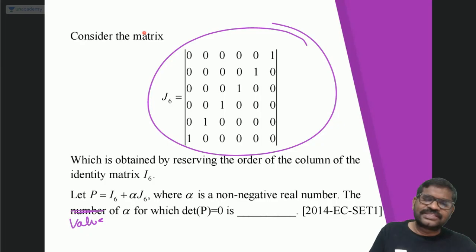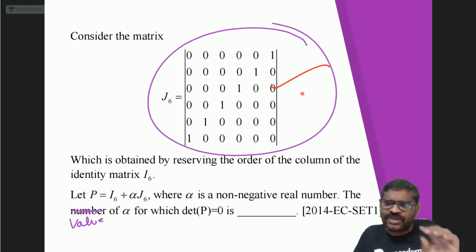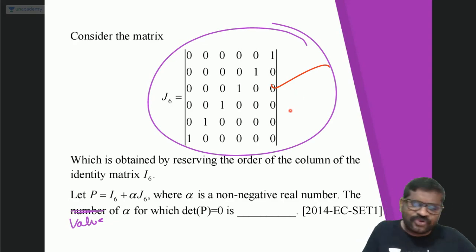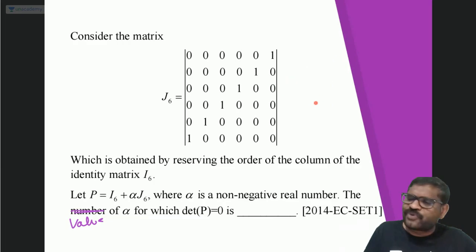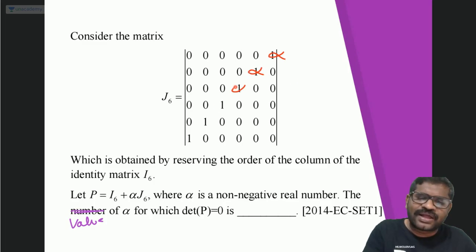This is J6. Alpha J6 means you have to multiply J6 with alpha. If you multiply J6 with alpha, in the place of the 1s they become alpha, alpha, alpha, alpha, alpha, alpha.